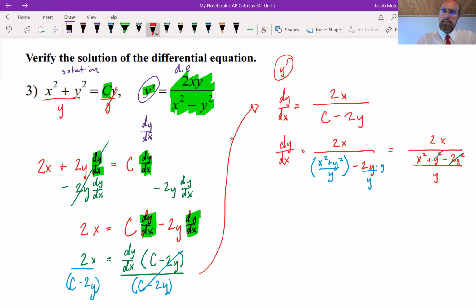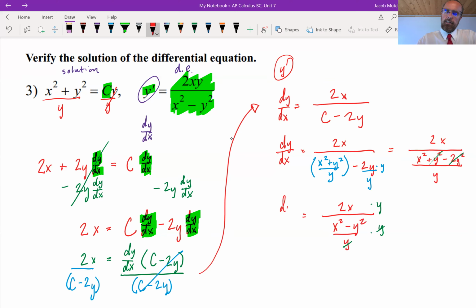So my next step, it's going to be 2x over x squared minus y squared divided by y. And then to finalize here, I want to multiply by a y to cancel that denominator in the denominator. And we'll do so above as well.